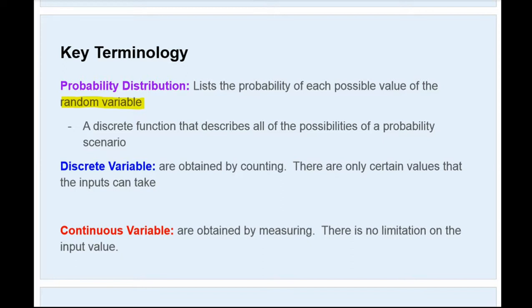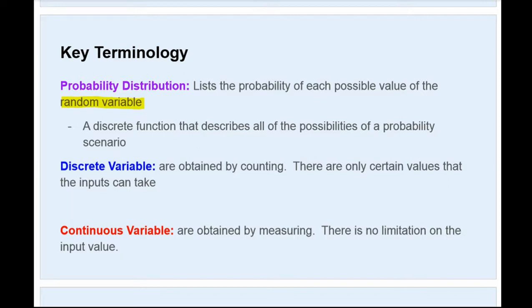So for example, if I'm looking at that spinner, there are only set outcomes: $1, $2, $5, $10, $20. Those are fixed. Those are the only values that variable could take.